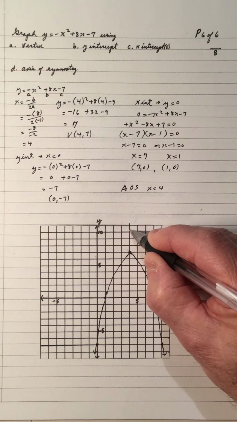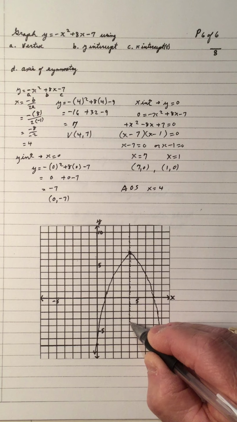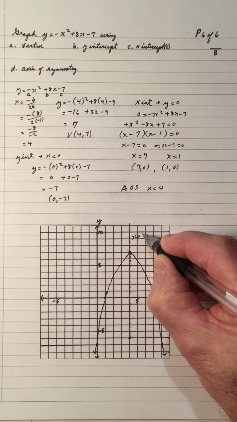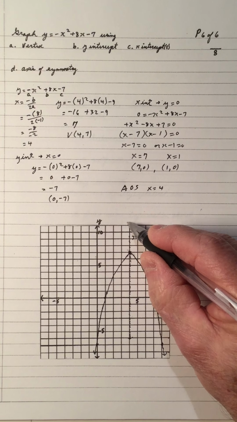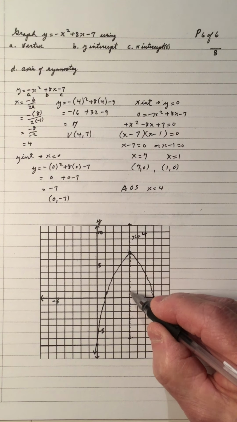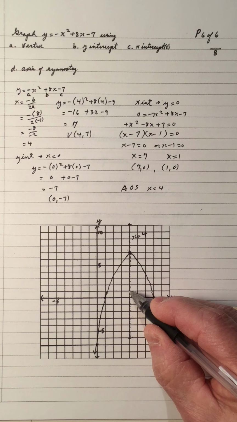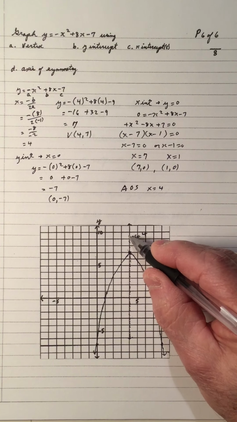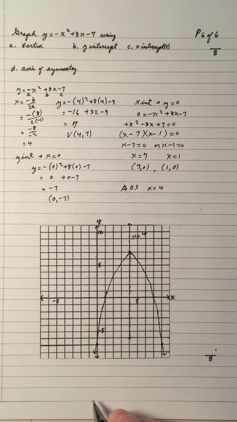So it's the vertical line straight down through like that. This is the axis of symmetry. And it's x equals 4, the vertical line, x equals 4. All values of x on this line are 4. 4, 0, 4, 1, 4, 2, x equals 4. So the axis of symmetry is a vertical line through the x coordinate of the vertex.